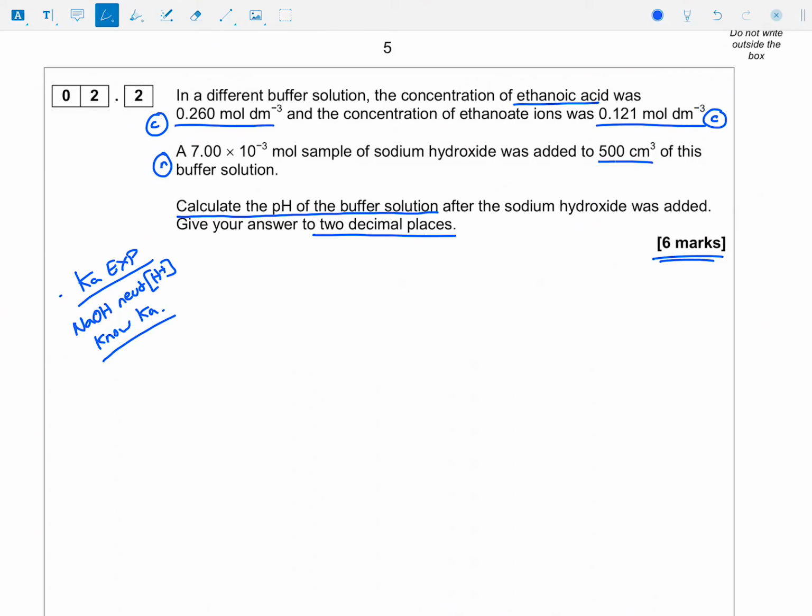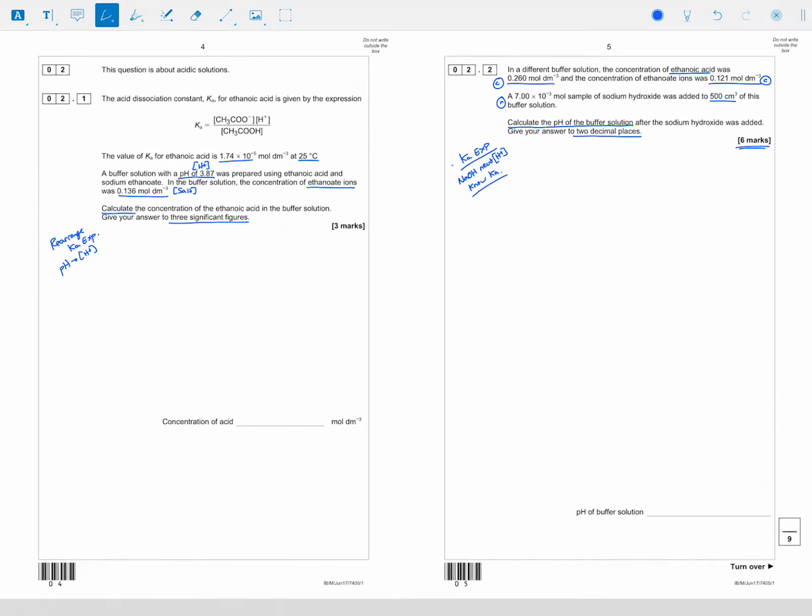So yes, we've got some work to do here for 6 marks, but it doesn't look too scary. It's just this manipulation of Ka and the mixtures you have for different buffers. So it's a really good exercise in understanding how buffer solutions work and the reactions that go with them.